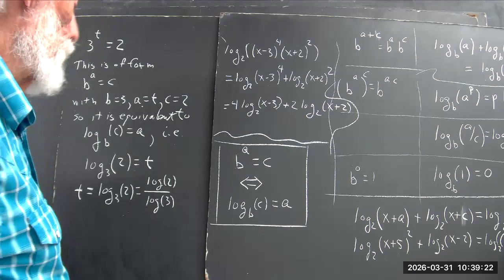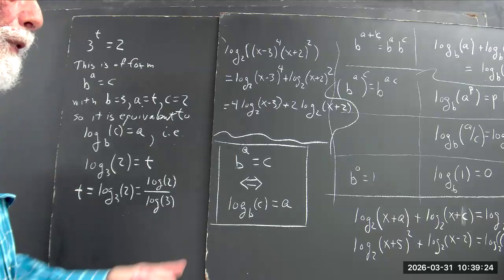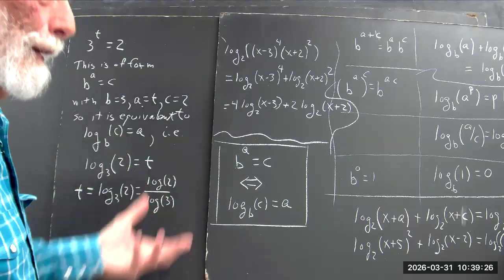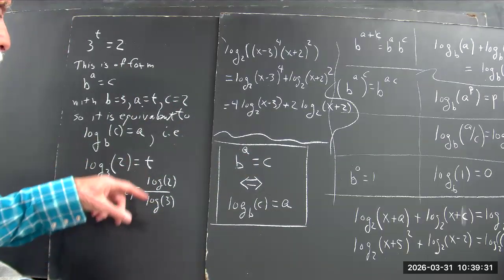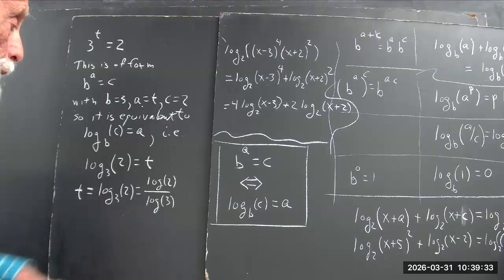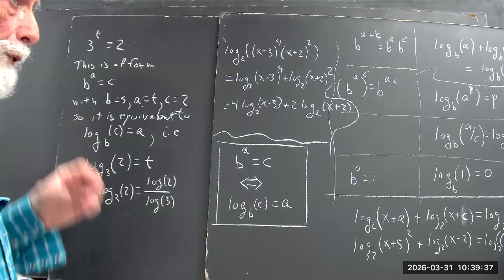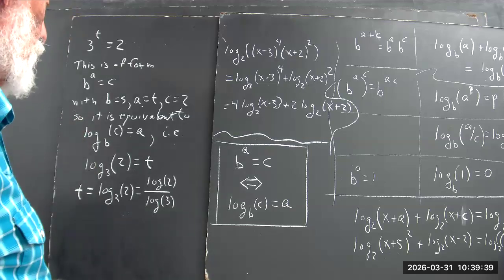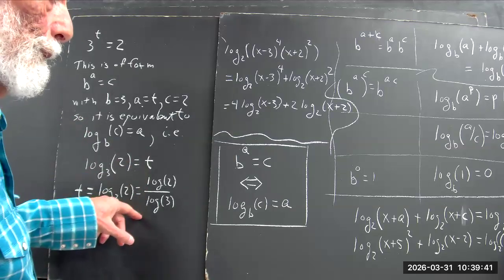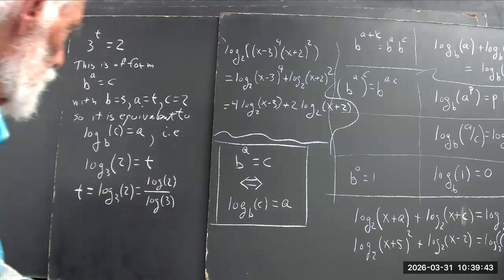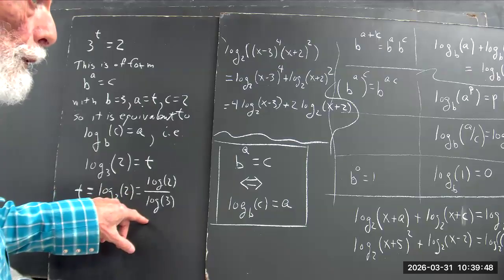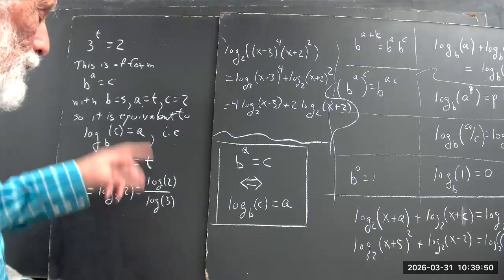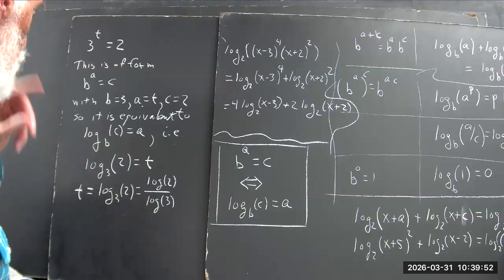Probably most calculators now have a log base b function where you can put in the b and the number and it does it all for you. I prefer you do log 2 over log 3 because there's an important property of graphs, a vertical stretch, that's involved with this kind of a rule. I'm not going to specify that right now, but I want to see log of 2 over log of 3.